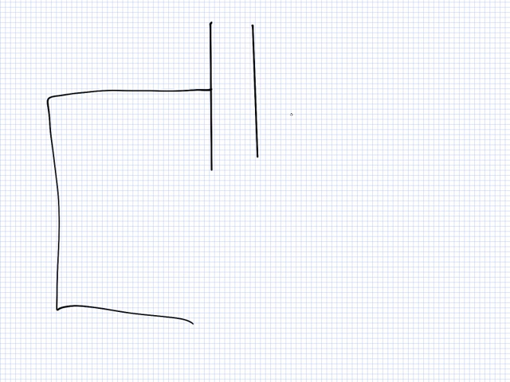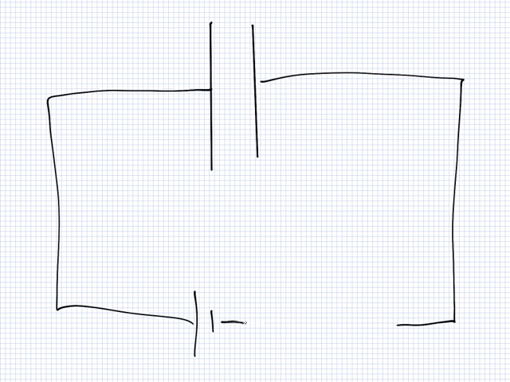Okay, so at the very beginning, before it's on, let's put a switch. Before it's on, what's the charge here? Yeah, the charge will be 0. Okay, then you close the switch.